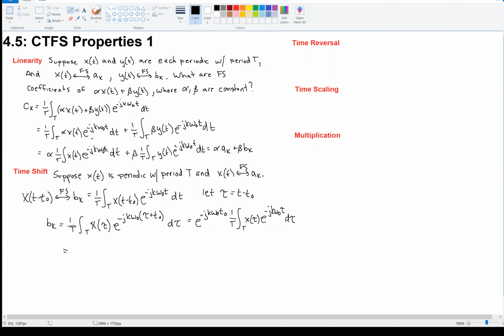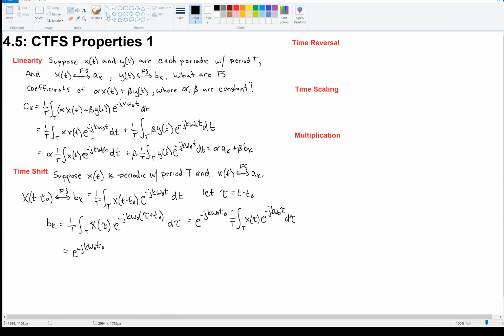So what is this? Well, I've got this constant here, e to the minus jk omega 0 t0, and then I look at what's multiplying the constant, 1 over T times the integral over T of x of tau, and I compare this to the analysis equation, and it's exactly the analysis equation. It's just that the t's now I'm calling tau.